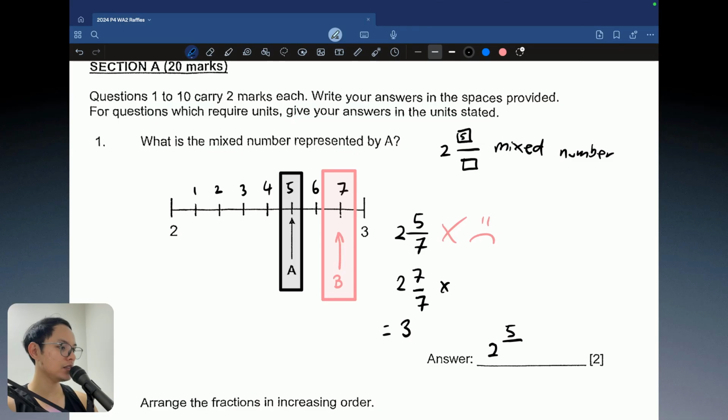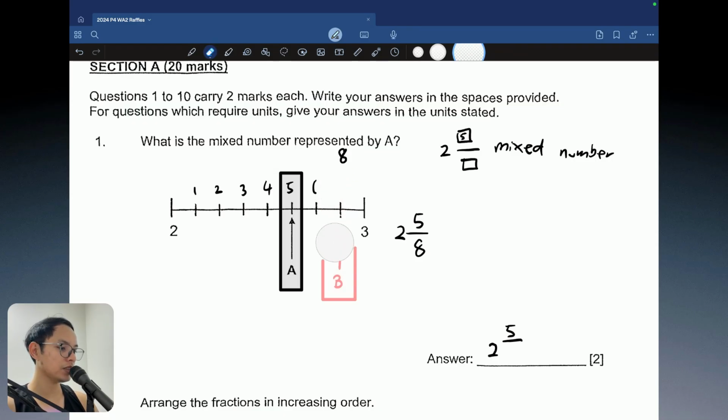So that means the denominator is not out of 7. So what do you think it is? It should be, you guessed it, number 8. Okay, so we need to put in that 5 over 8, because once we reach number 3, so let me just erase this first over here.